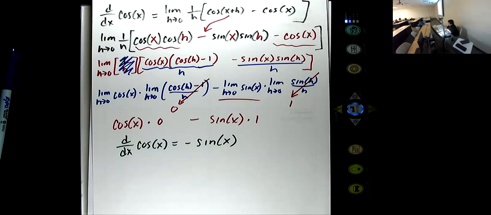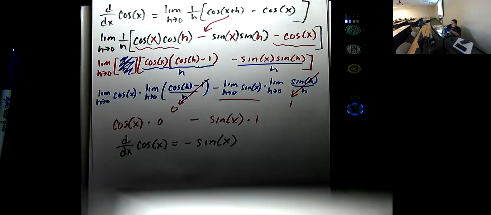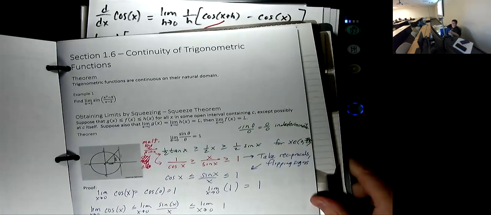Was it under continuity? 1.6. My bad, I'm scrolling through my notes. We did it, it was in chapter 1. Oh, probably was, because 1.6 was on trig. Yeah, we had the limit as theta went to 0 of sine theta over theta equals 1. Squeeze theorem, yeah.